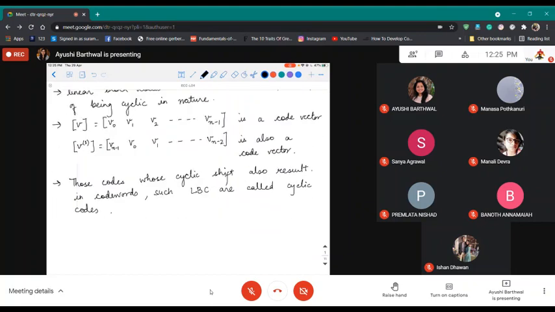Fine. Now, for example, suppose you have a code word, say the length of the code word is 7, so you have this code word.